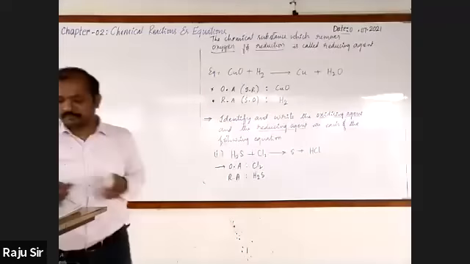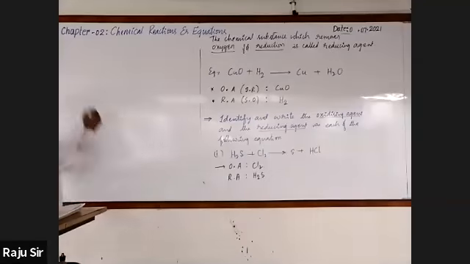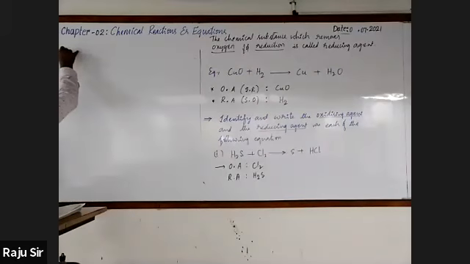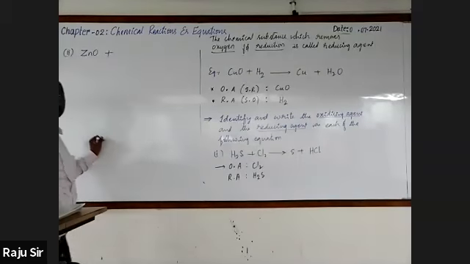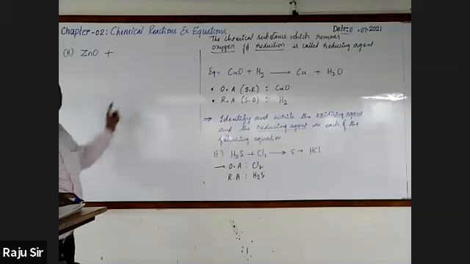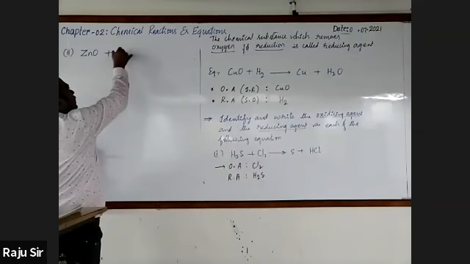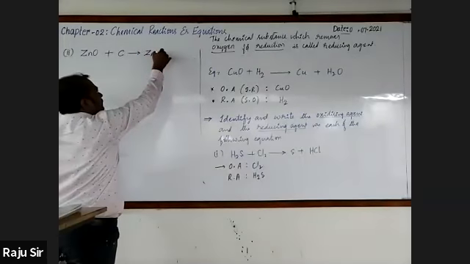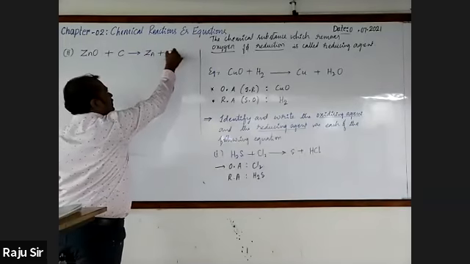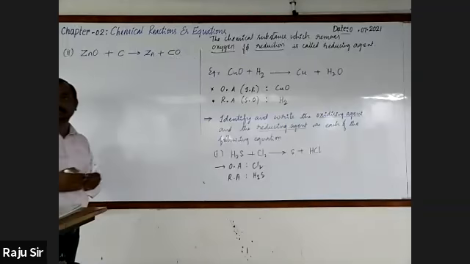Next one, it is a simple one. Zinc oxide is reduced to zinc when it is heated with carbon. It produces zinc plus carbon monoxide.